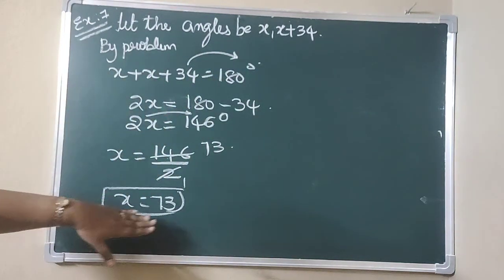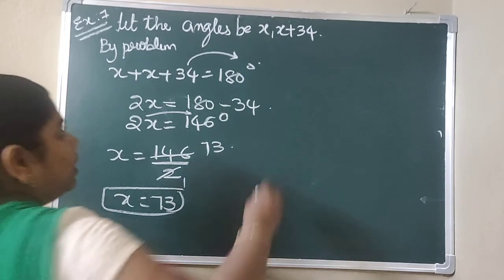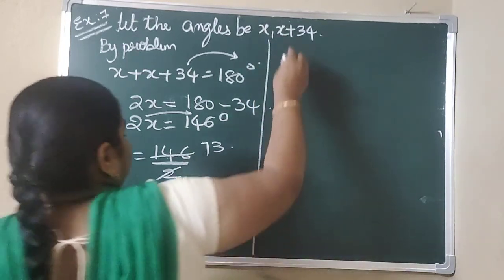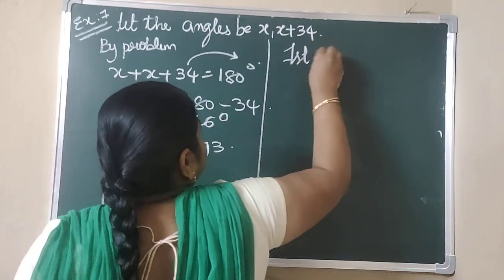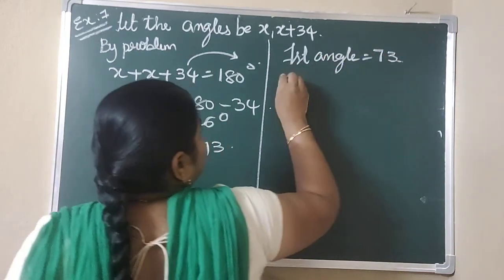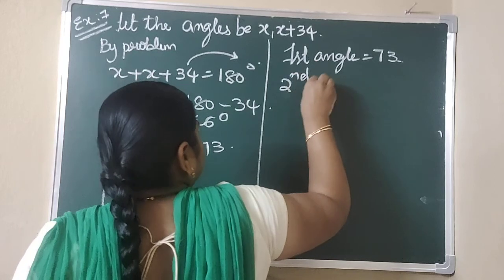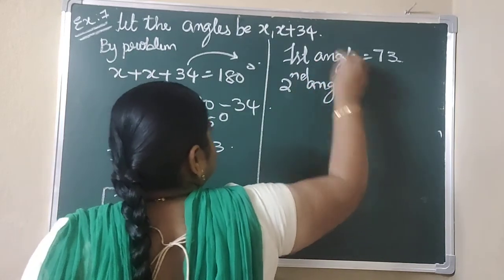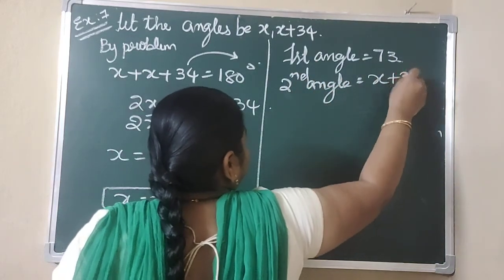Now we have to find the other angle. The first angle we got is 73, and the second angle we have to find now. What is the second angle? x plus 34.